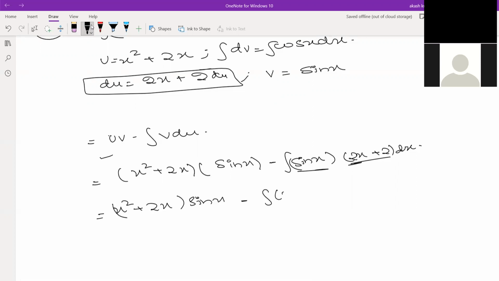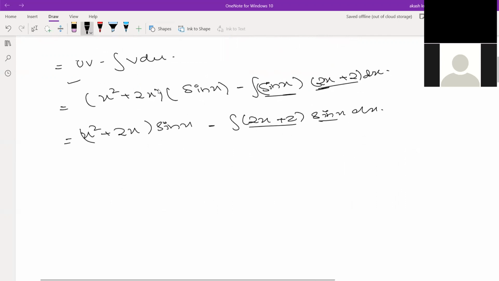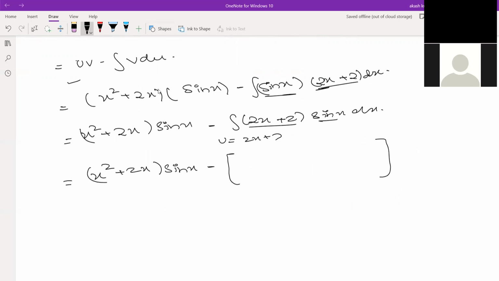So it is 2x plus 2 sin x dx. Again, we have two functions, which are 2x plus 2 and sin x. So applying by parts again, it will be x squared plus 2x sin x minus, now this will be u, which is 2x plus 2, and our dv will become sin x dx.